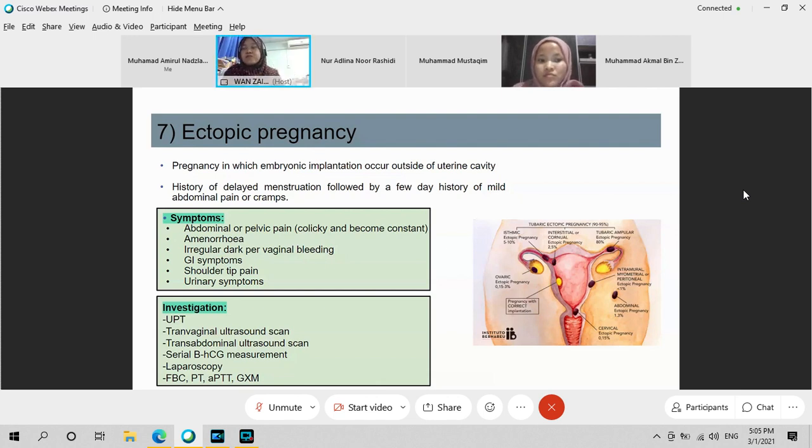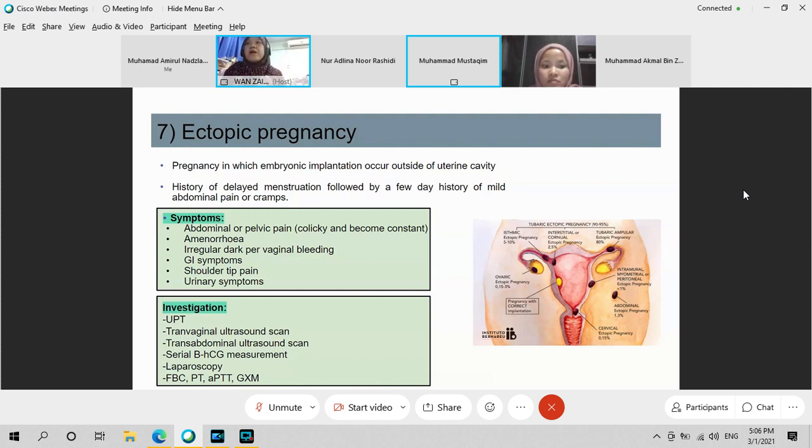So that's why I introduced the approach to acute abdomen, to get the correct diagnosis. This is actually just an introduction. Later in final year, I will touch on this topic again, but more towards diagnosis and management. But for year 3, I want it more towards why it happens, how it happens.